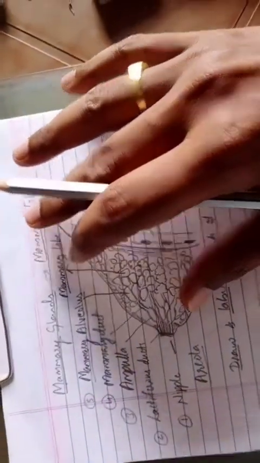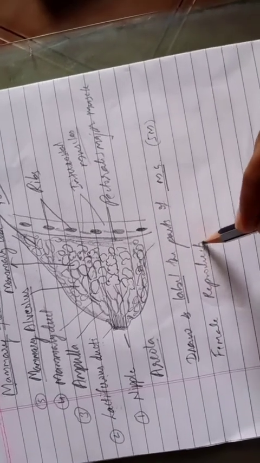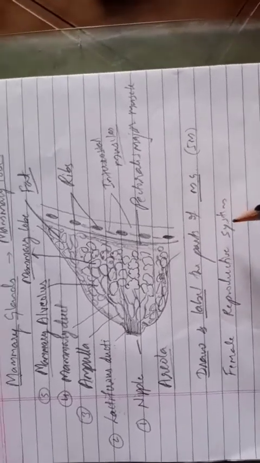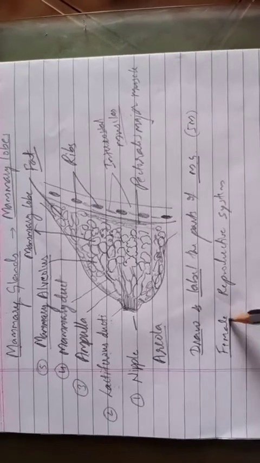This is the gland associated with the female reproductive system. Why do we call it an associated gland?